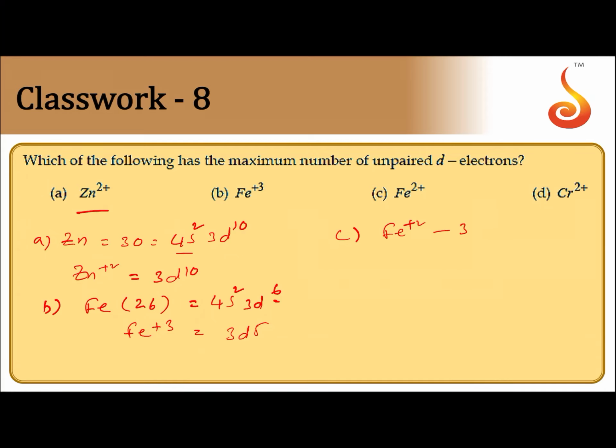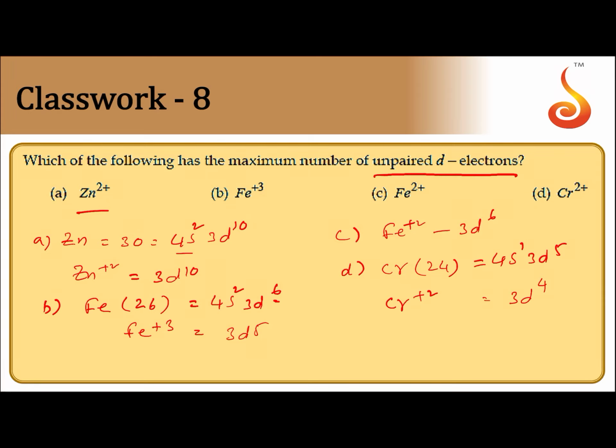Fe plus 2 means remove 2 electrons from s, therefore it will be 3d6. And option D, chromium. The atomic number of chromium is 24, therefore the configuration is 4s1 3d5, and for Cr in the plus 2 state, remove 2 electrons, so it is going to be 3d4.